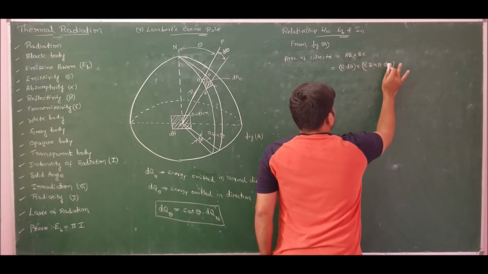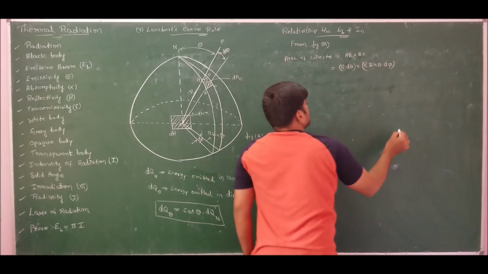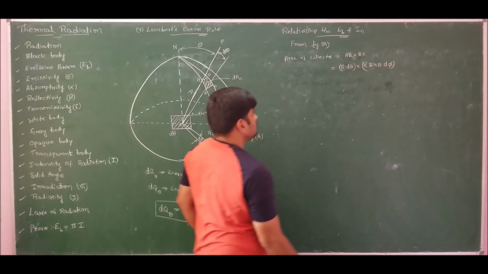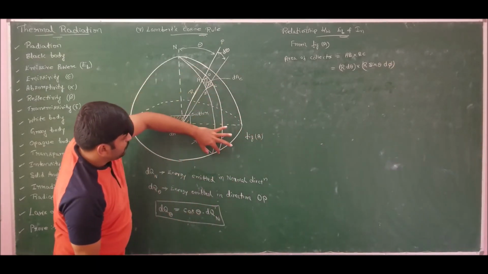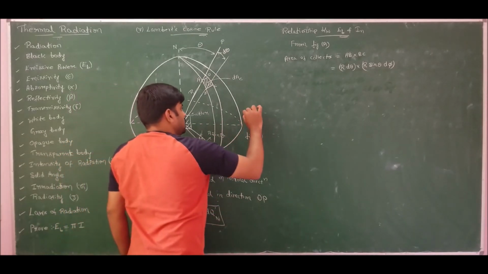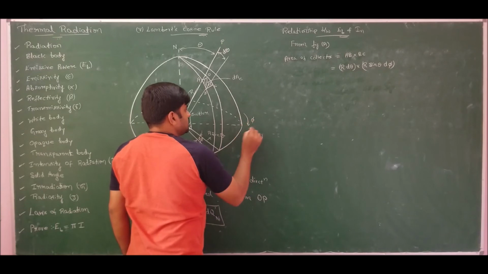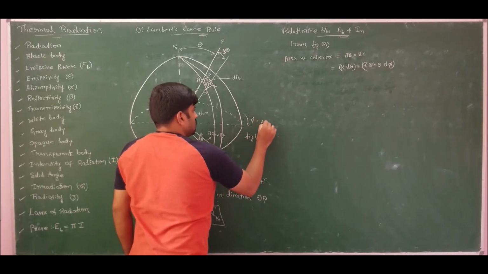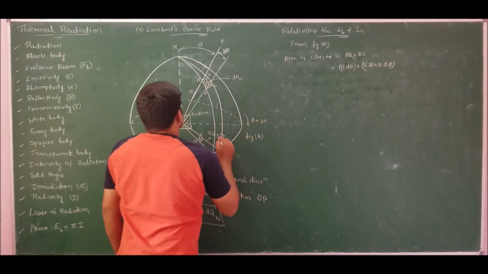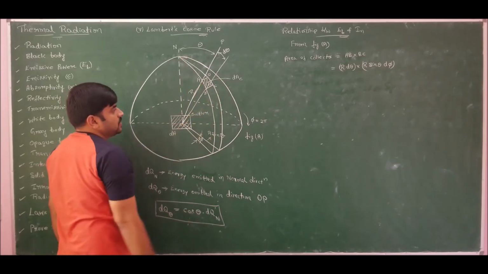Hope you clearly understood how I calculated the area of the collector. I have projected length BC to the base and calculated it. The variation of angle phi is 360 degrees, that is 2 pi, whereas theta varies from 0 to 90.